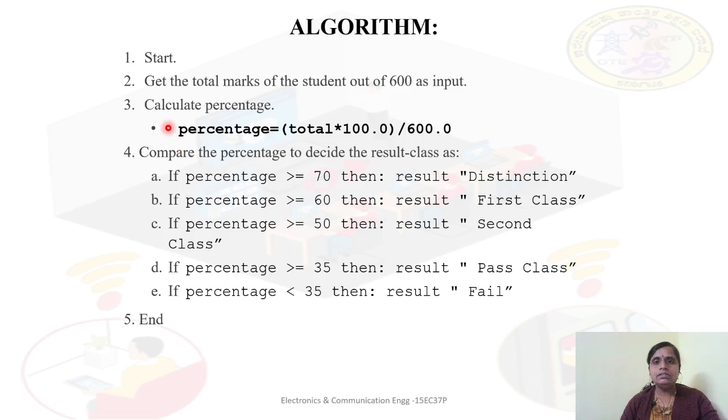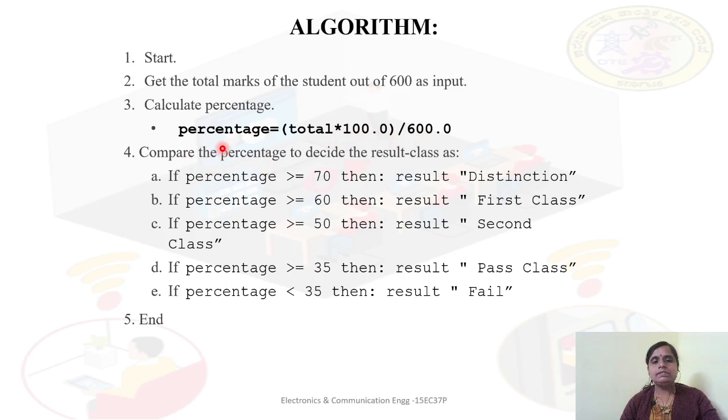Next, using this formula, we are going to calculate the percentage. Percentage is equal to the total marks, which is the score of the student given by the user, into 100 divided by 600. This is our usual percentage formula.